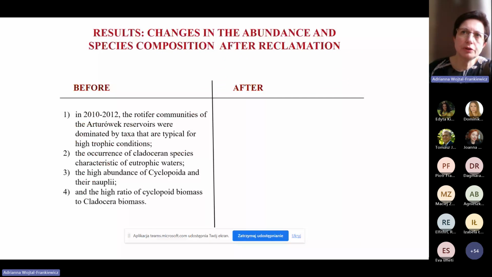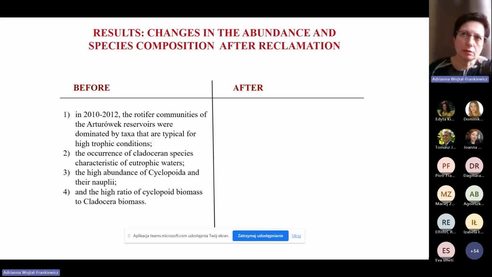Before reclamation, the rotifer communities in the Arturówek reservoirs were dominated by taxa that are typical for high trophic conditions. During this period, other symptoms of eutrophic conditions associated with zooplankton were also observed, such as occurrence of Cladoceran species characteristic of eutrophic waters, for example, Bosmina longirostris, Diaphanosoma brachyurum, or Hydrorus sphaericus.